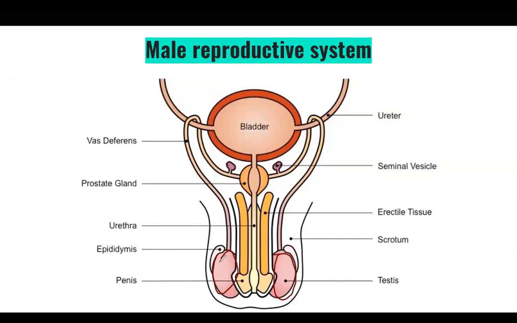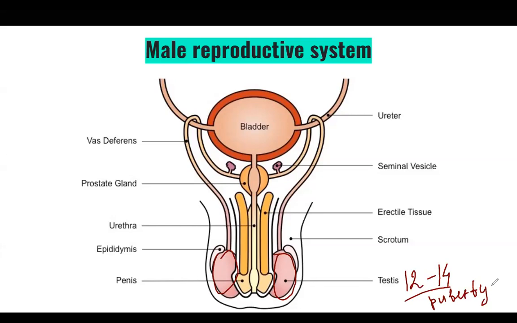We know about it from the previous lessons. The testes start to produce sperm cells between the ages of 12 and 40. This is the age of puberty in boys. So in puberty, testes start to produce sperm cells.